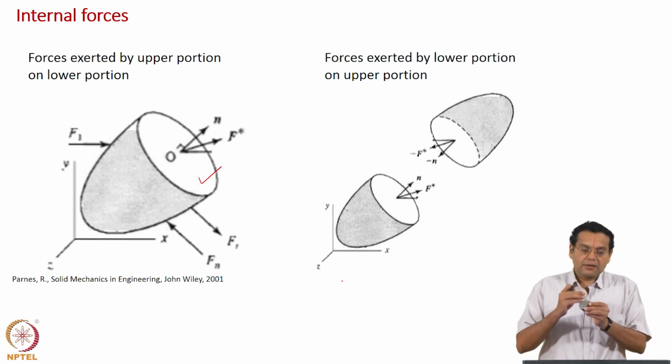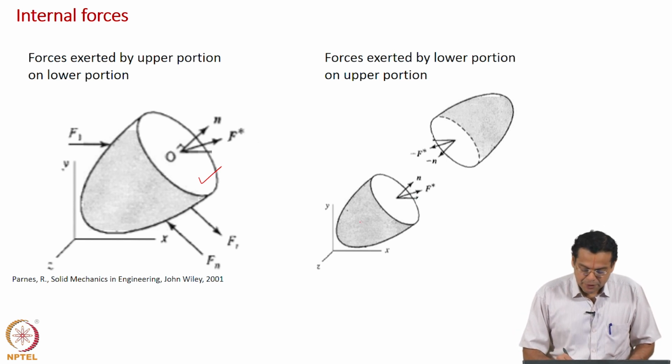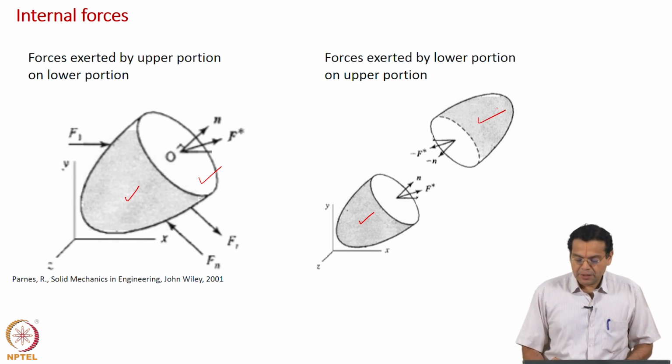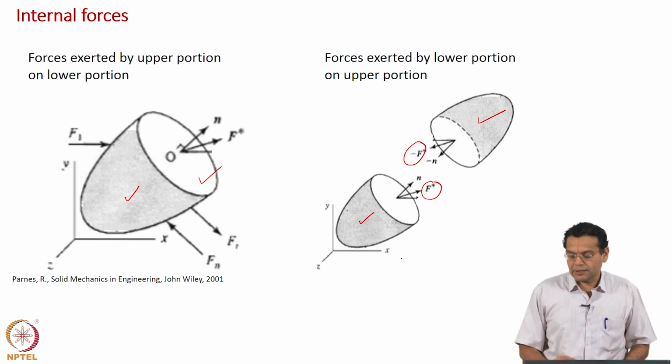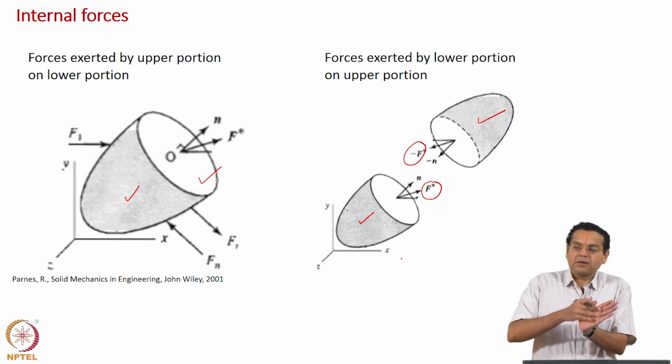Because at the same point we are on either side of the same surface, based on Newton's third law, both should be the same. That is what is shown here. The lower portion is the same as what is shown here, and then the top portion. What we considered is this resultant force F star, the effect of the top portion on the bottom portion. Now, minus F star is the resultant force because of the bottom portion on the top portion, and remember they are the same surface, one on this side, one on the other side.